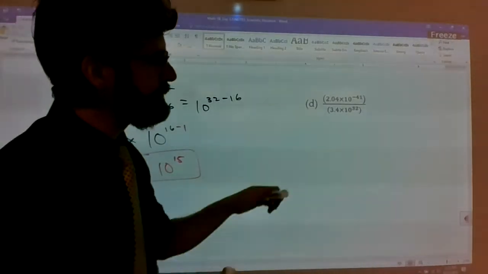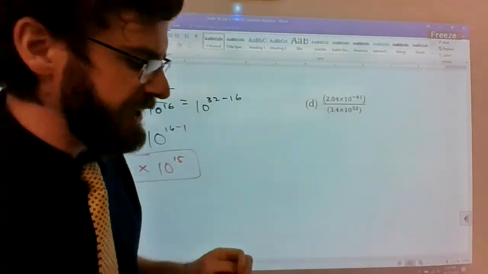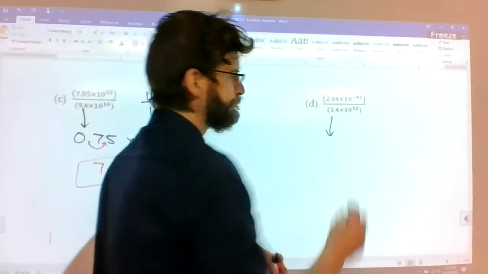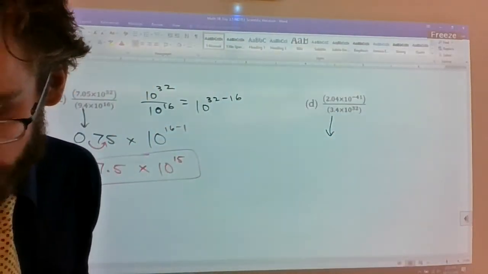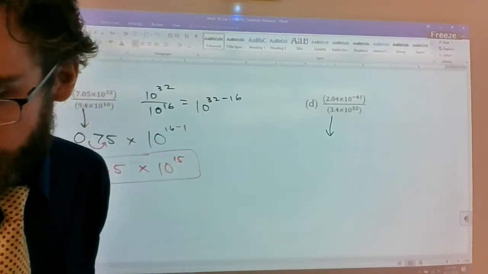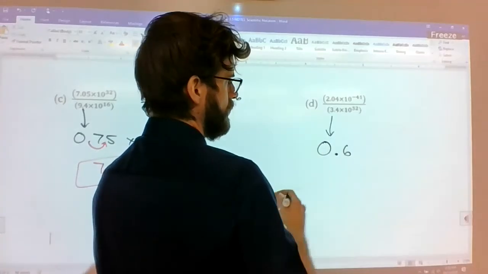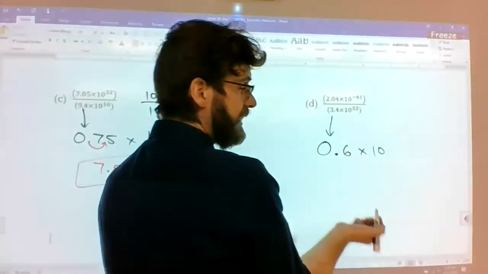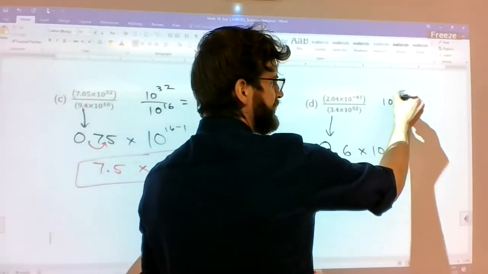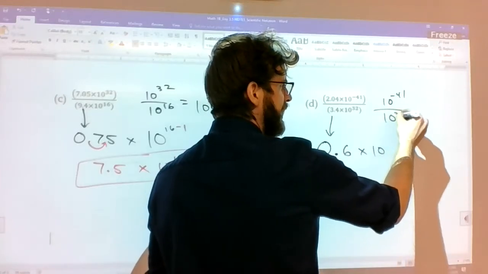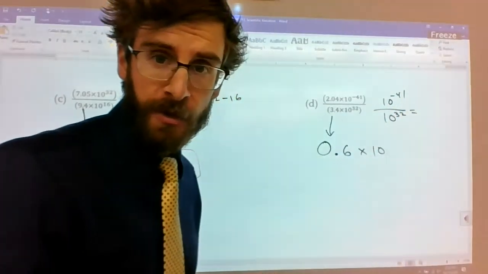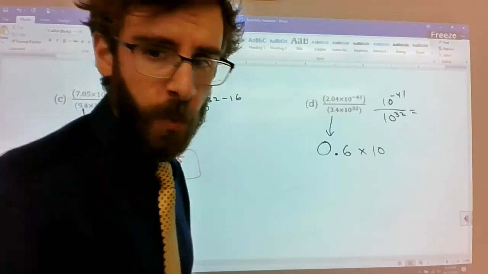And then our last one, you're going to take 2.04 divided by 3.4. We'll use our calculator for convenience. 0.6 times 10 to the, well, this power is going to be 10 to the negative 41 over 10 to the positive 32. You should be subtracting those exponents because that's how division of powers works.